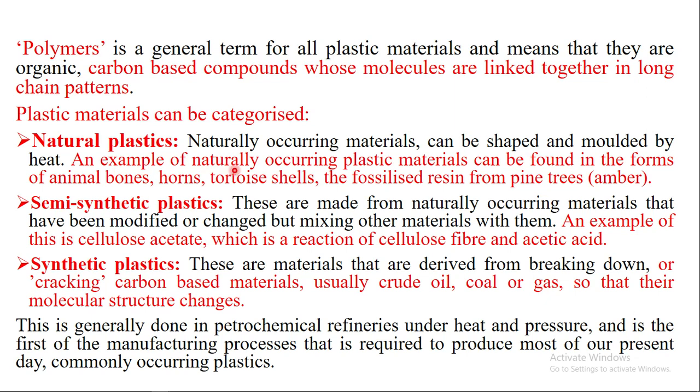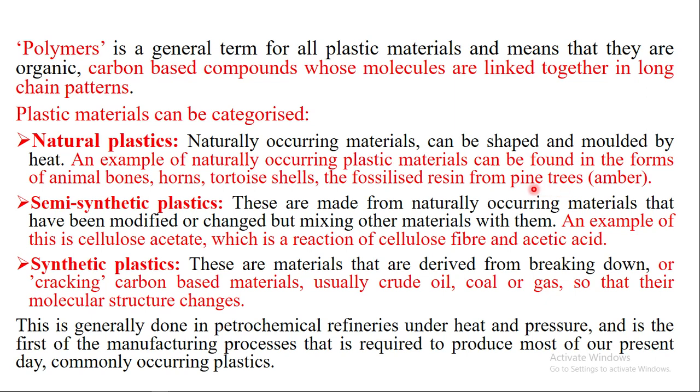Examples of naturally occurring plastic materials can be found in the forms of animal bones, horns of animals, tortoise shells, and fossilized resin from pine trees, or amber. These pine trees are available in some rural areas.